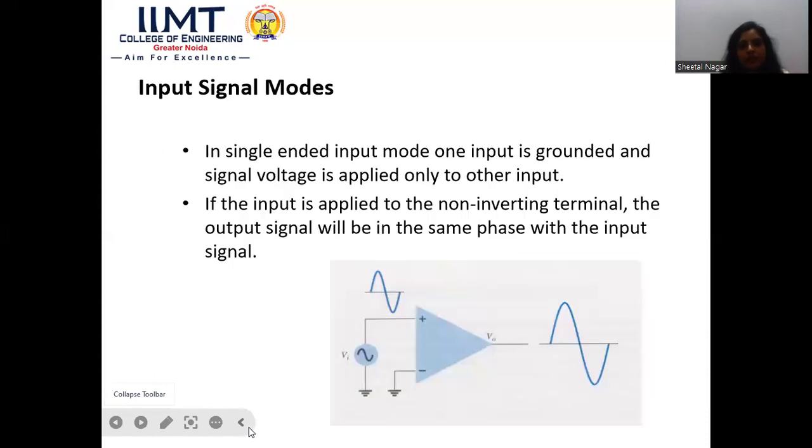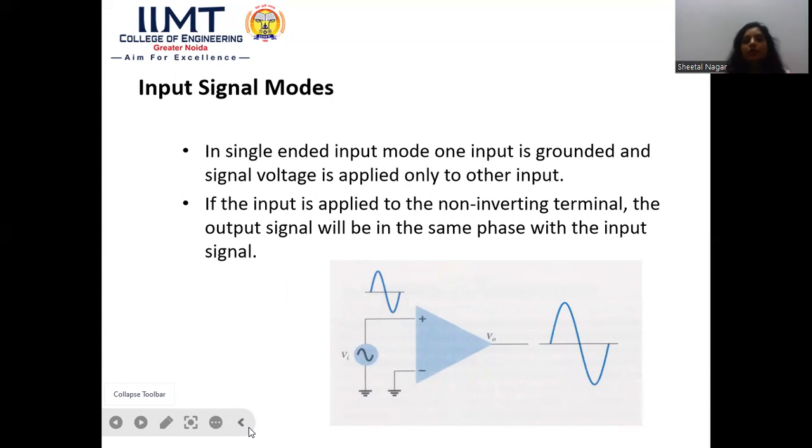Now, as we have already seen, we have two input terminals. One is the inverting input and another one is the non-inverting input. But when we apply the input signals at the input terminals, we have two input signal modes of the operational amplifier.